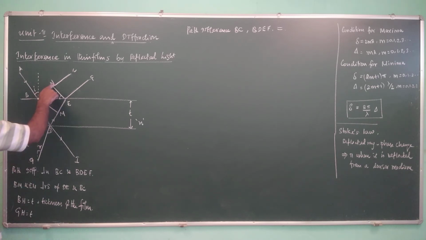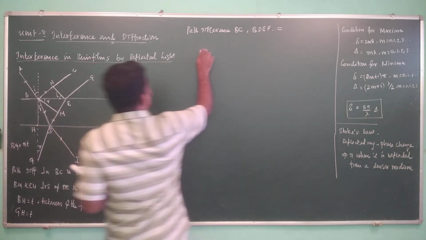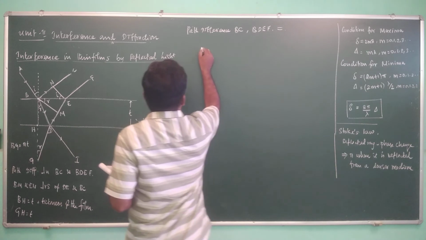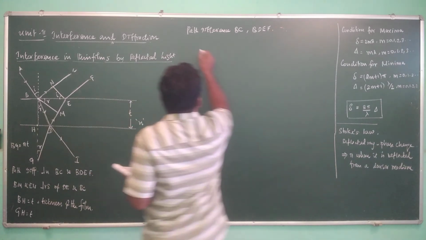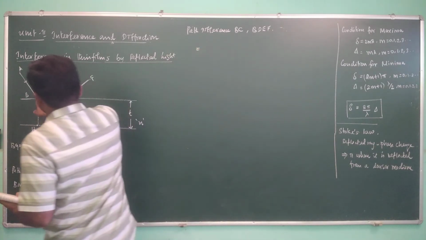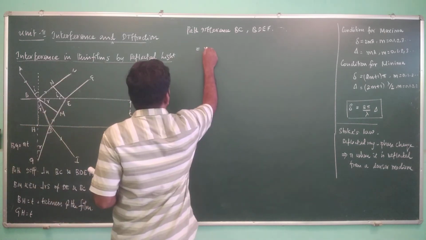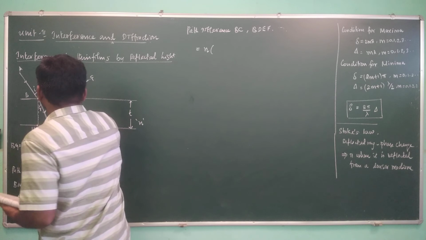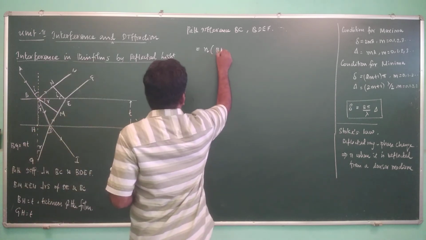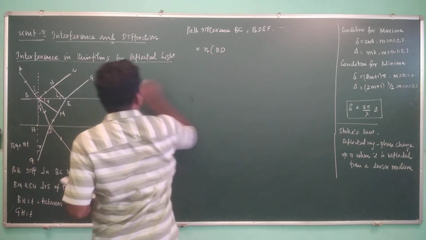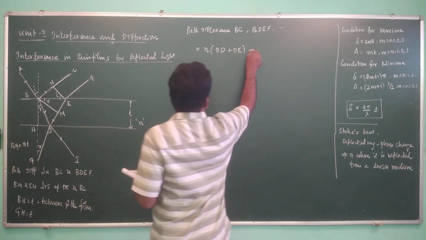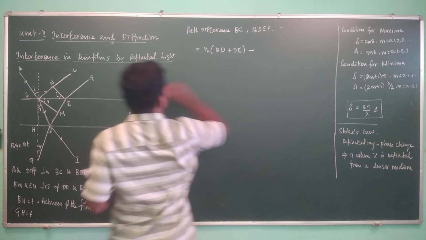So this length is BN, and this path we have to calculate. First we calculate this path, which is the refractive index of the material multiplied by BD plus DE, minus this BN.